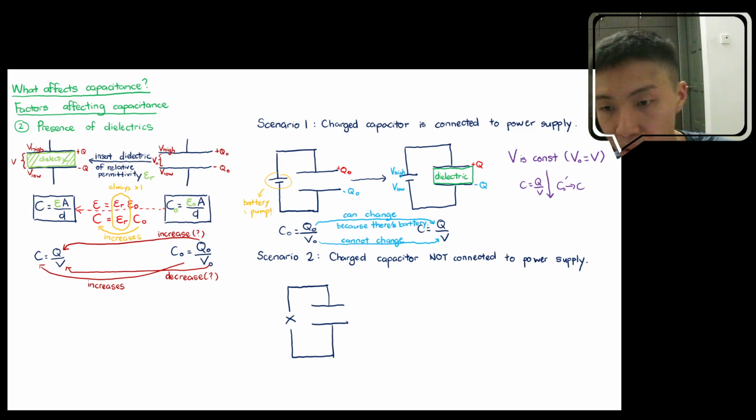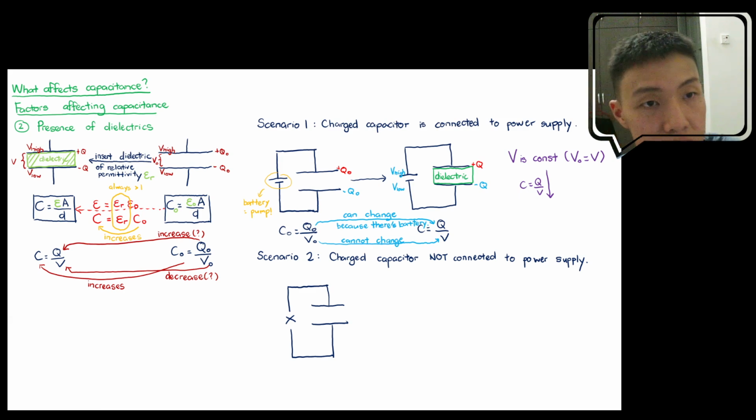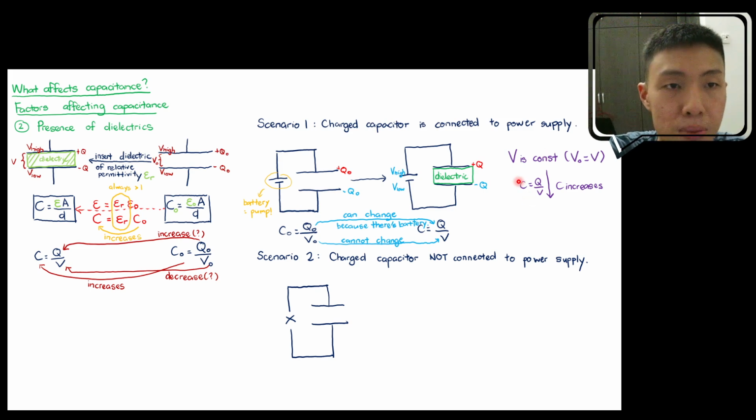I should just write C increases. That will make more sense. So my C has increased, but my V remains constant.